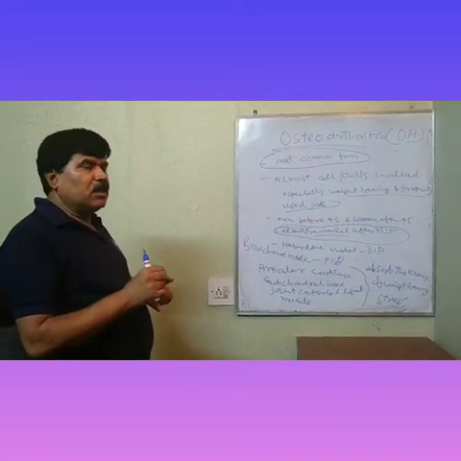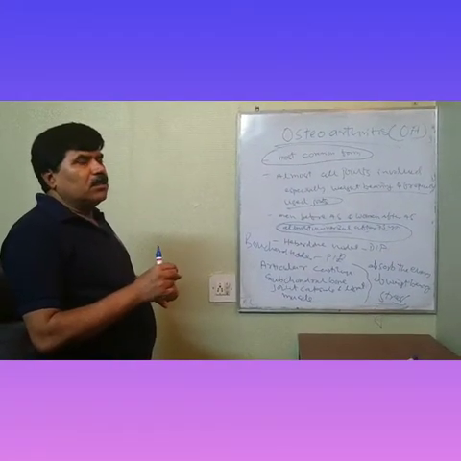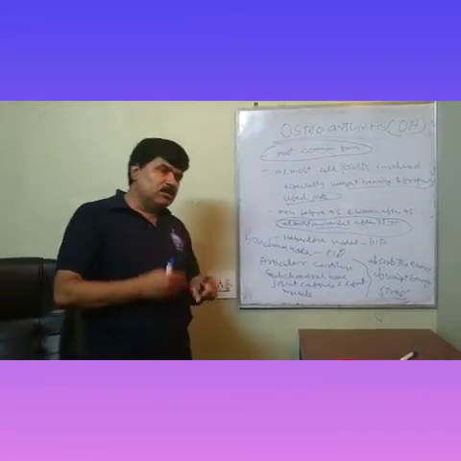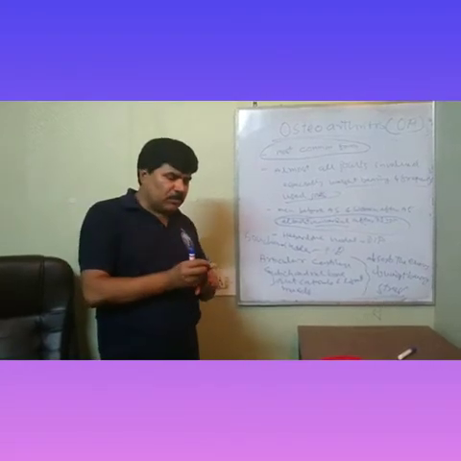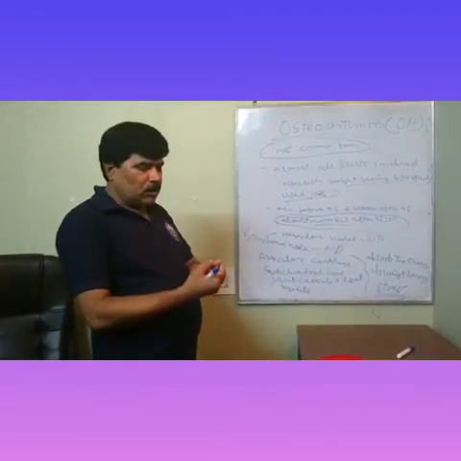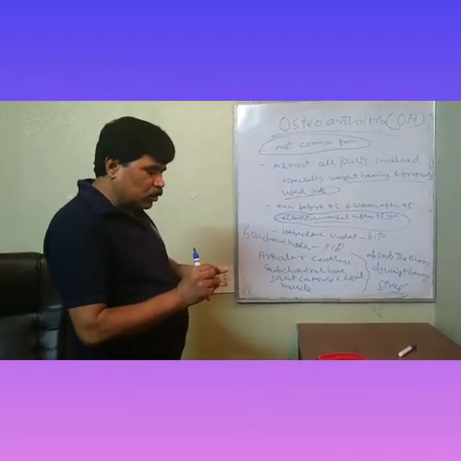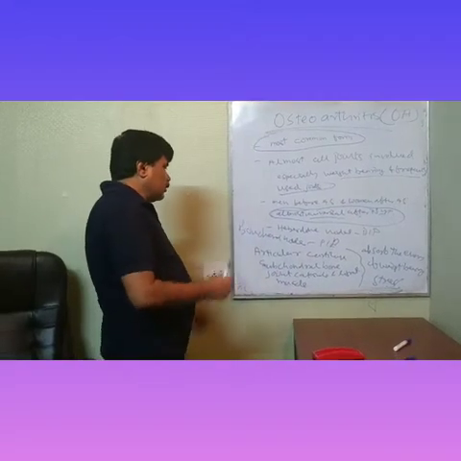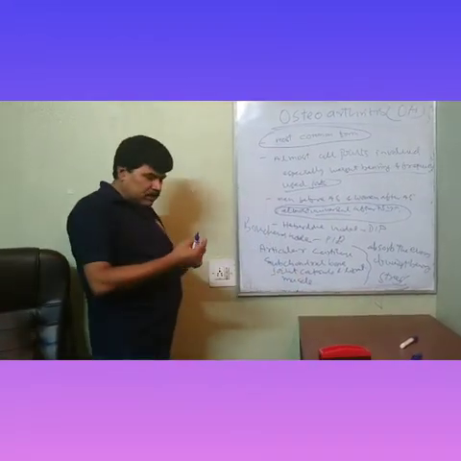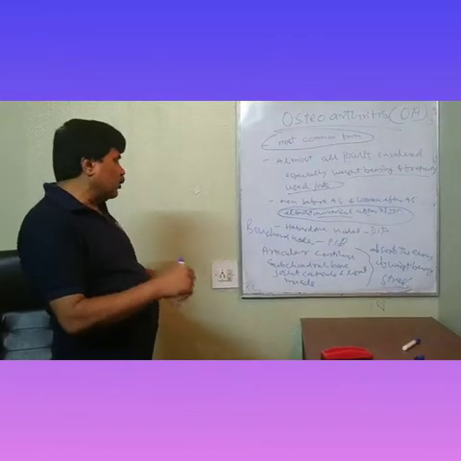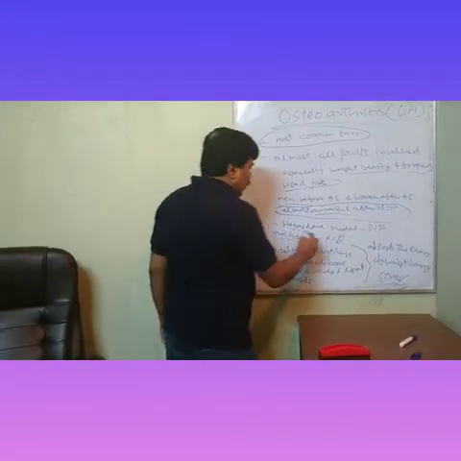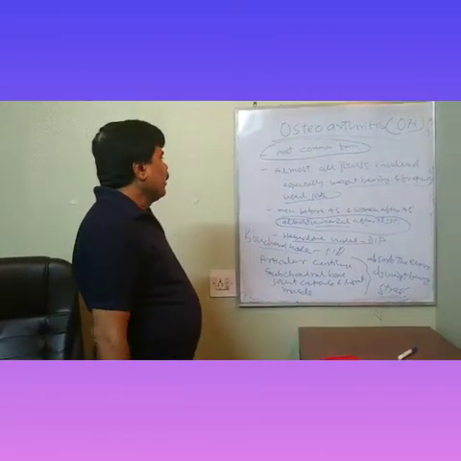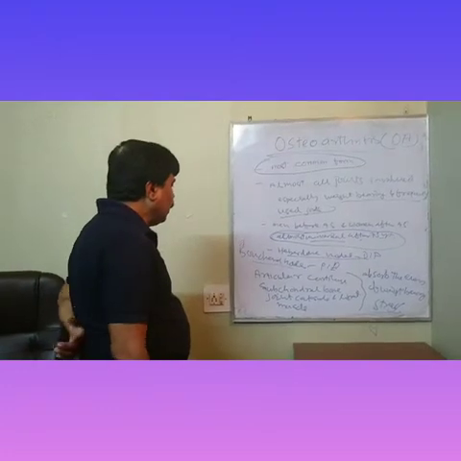This cyst is basically communicating with the joint, but later it separates and appears as a small swelling on the dorsomedial and dorsolateral areas. If you find the same kind of nodules at the PIP joint, they are called Bouchard nodes, and at the DIP joint, Heberden nodes.